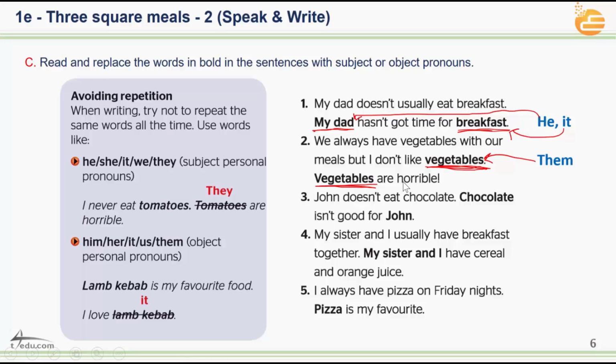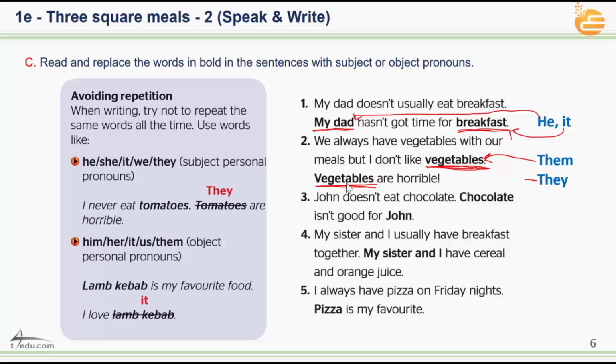What about this one? Vegetables are horrible. It's at the beginning of the sentence. It is just like the subject. So what do you think? Subject personal pronouns. So we have to use he, she, it, we, and they. This one is plural, vegetables. So we have to say they. Exactly.